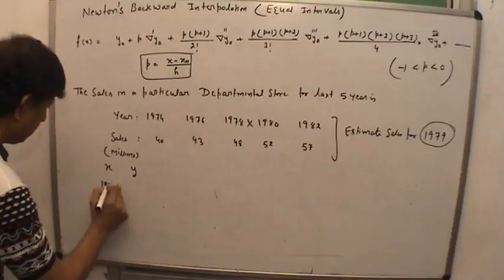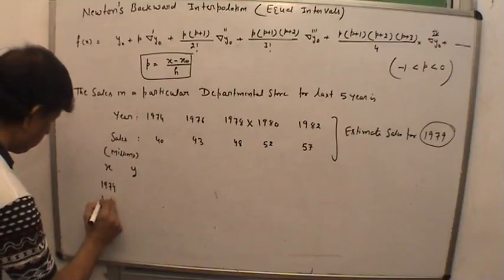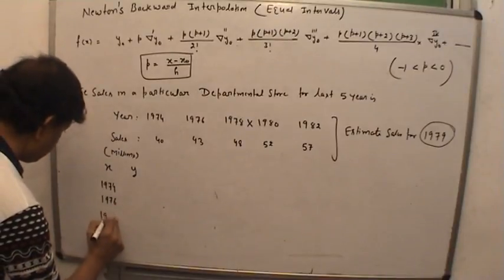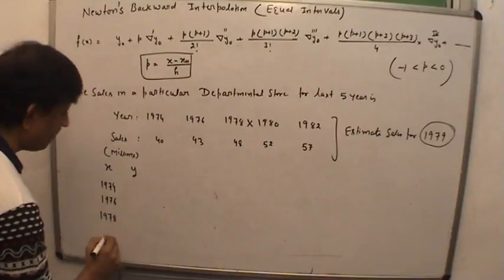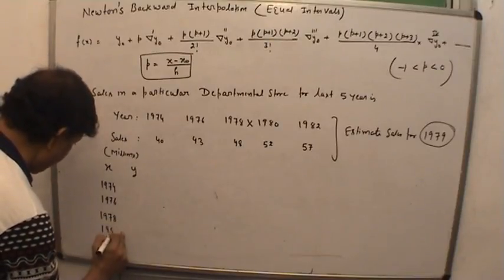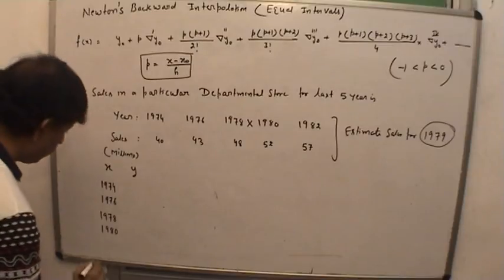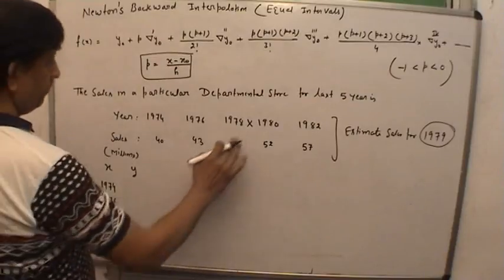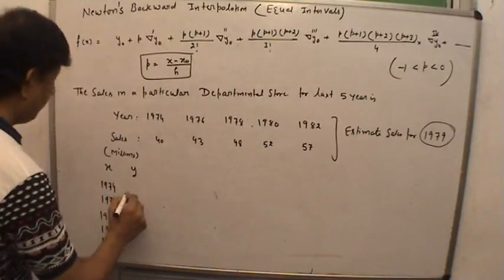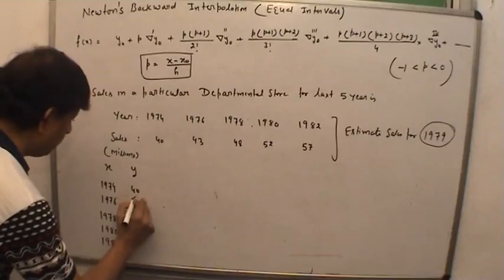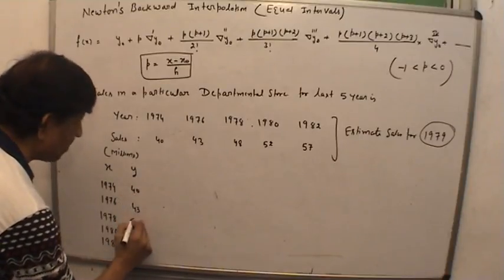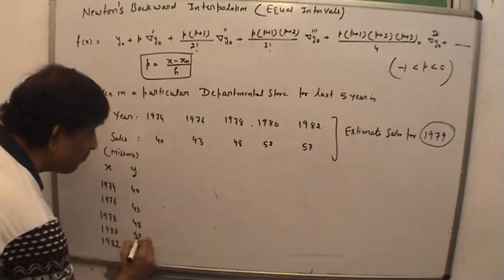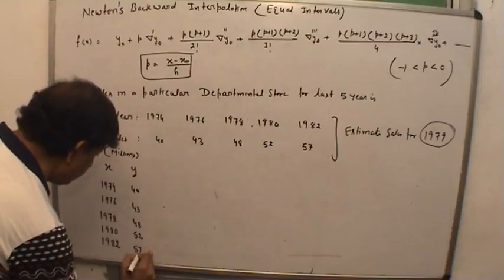Say x is 1974, 1976, 1978, 1980 and 1982, and y, the sales, is 40, 43, 48, 52, 57.